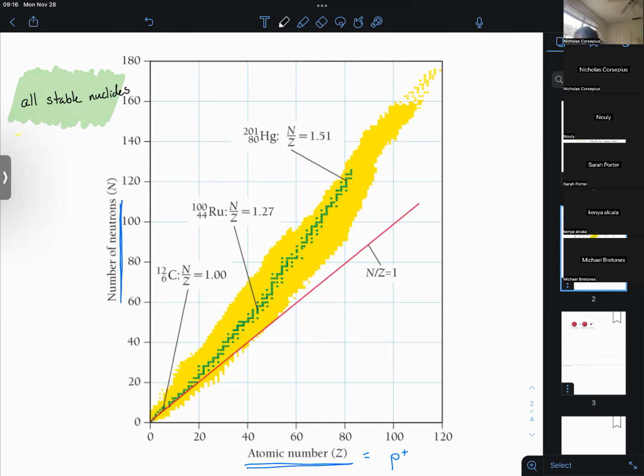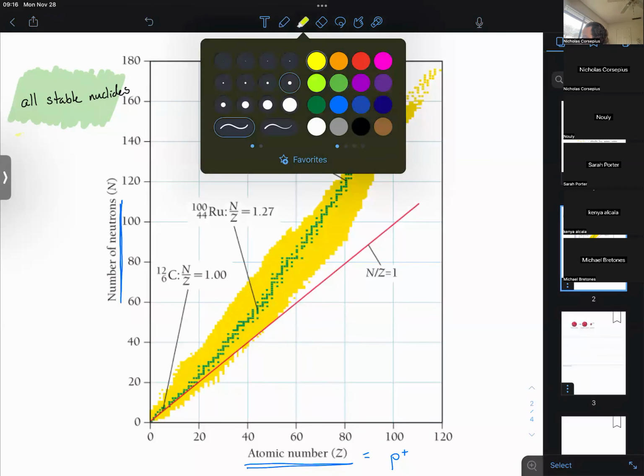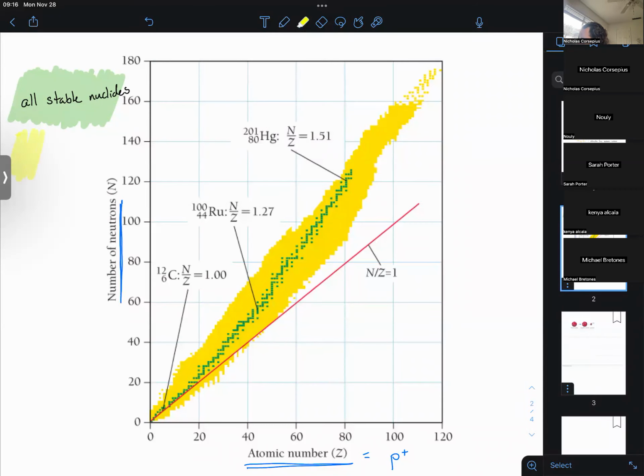So for example, carbon 12 is listed in green here because that's a stable isotope of carbon. And then everything in yellow is all the unstable nuclides that exist.